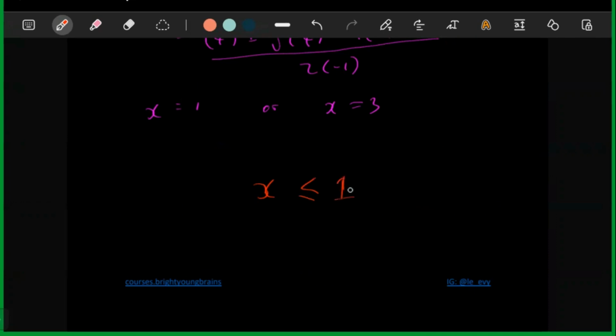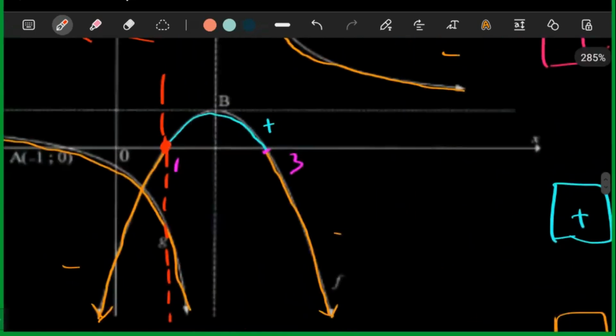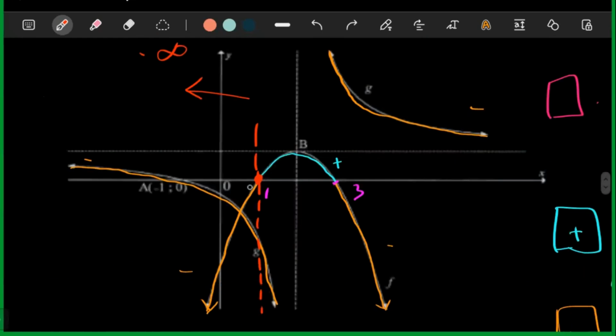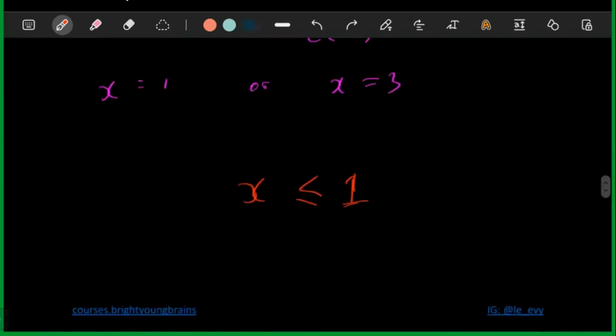The reason you're saying smaller or equal to 1 is because at positive 1, you have a y value of 0 here. So 0 times anything will give you a 0. And then anytime you'll be thinking of x values that are below 1, you'll be having these negative y values together with these negative gradients here. So that's why your answer here, you have to say x is below or equal to positive 1.